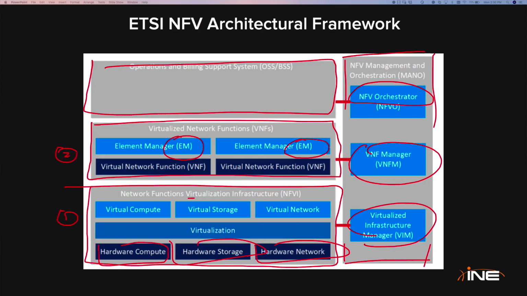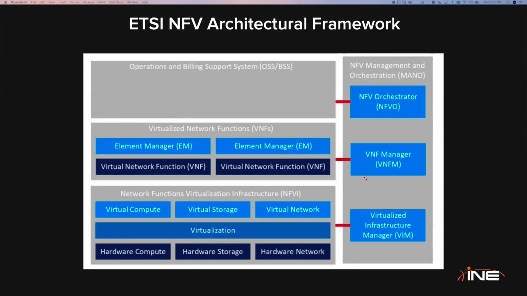So looking back at this diagram, you would see that VIM is specifically used to manage the resources of NFVI. The VNF manager is used to manage or deploy your VNFs. And the orchestrator is used to scale your infrastructure.